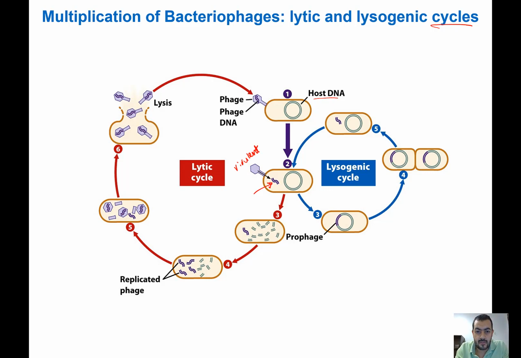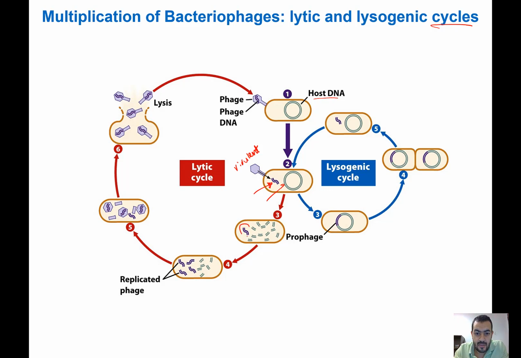So what will happen? While the virus injects its genetic material, the chromosome of the bacteria, which is shown here in green, will be broken into small pieces like that.